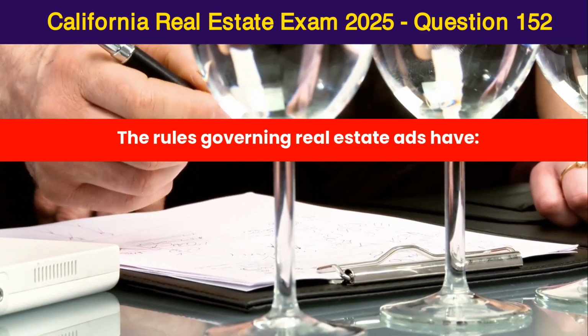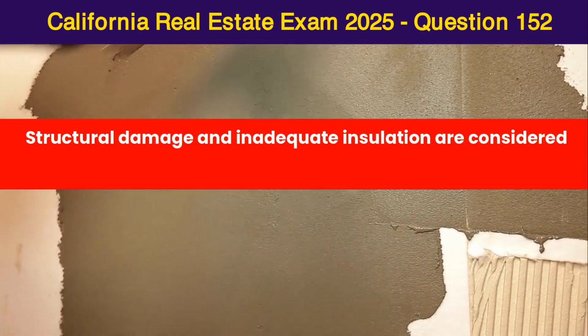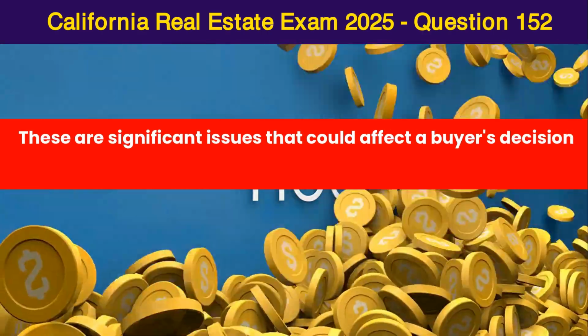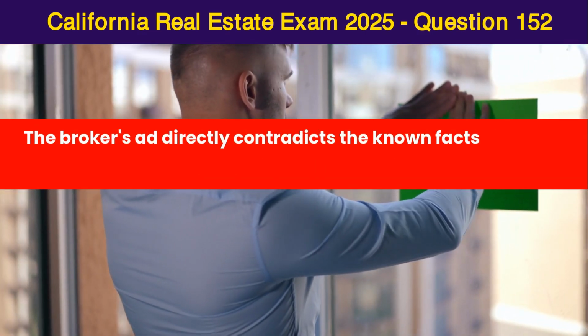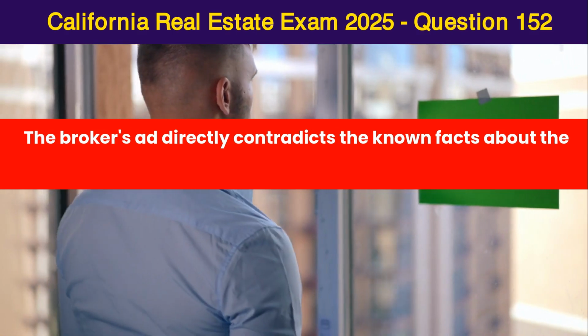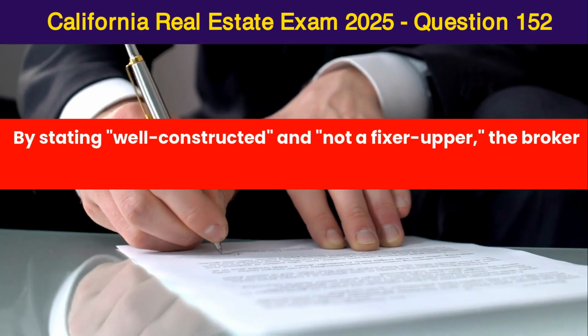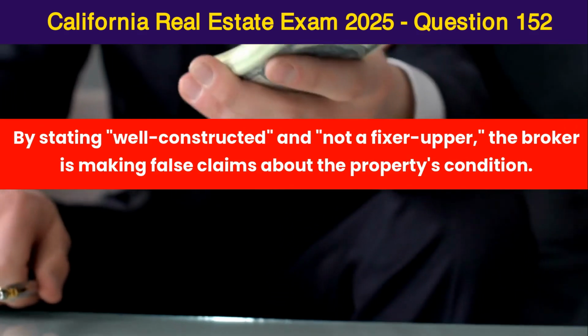The rules governing real estate ads have, structural damage and inadequate insulation are considered material defects. These are significant issues that could affect a buyer's decision to purchase the property. The broker's ad directly contradicts the known facts about the property. By stating "well-constructed" and "not a fixer-upper," the broker is making false claims about the property's condition.